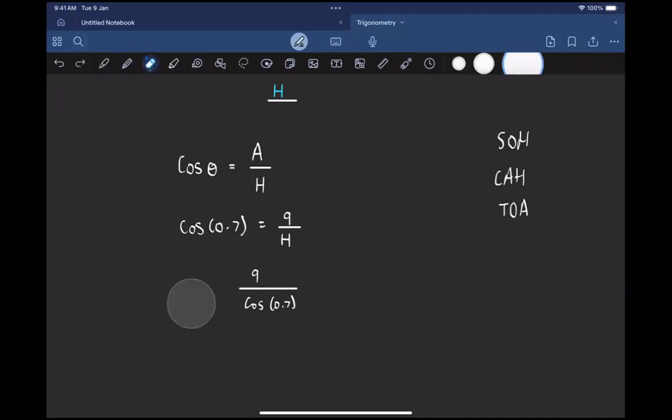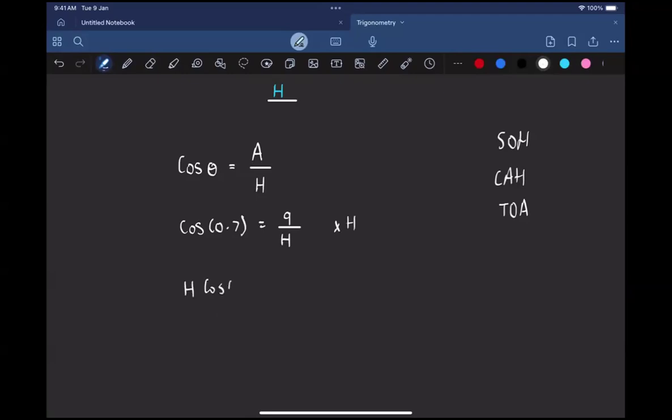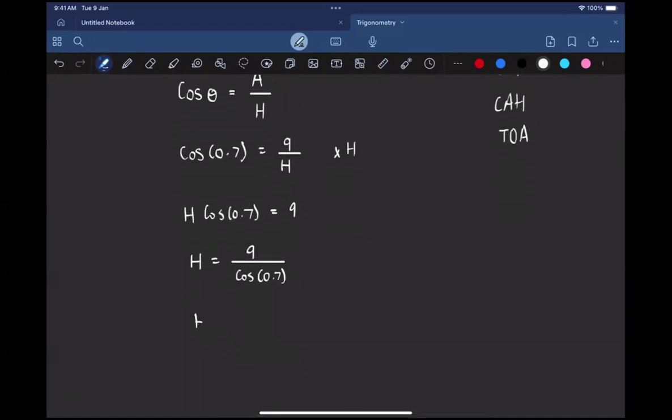So you would multiply by h on both sides. You'd end up with h cos 0.7 equal to 9, and then divide both sides by cos 0.7 to cancel that off. So h is equal to 9 over cos 0.7. Plug that into the calculator and let me know what you get. Make sure you calculate in radians.